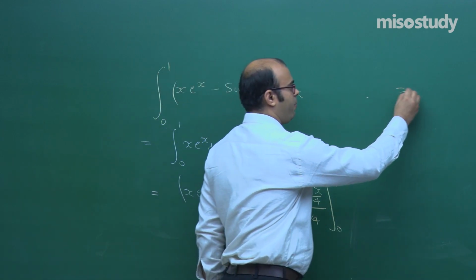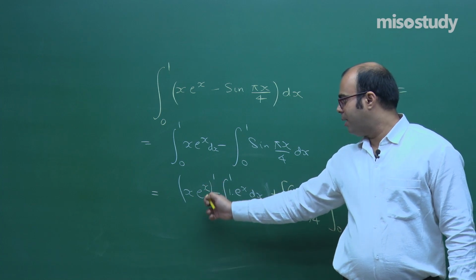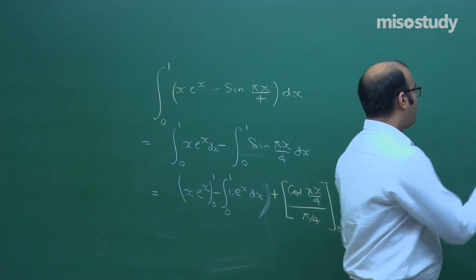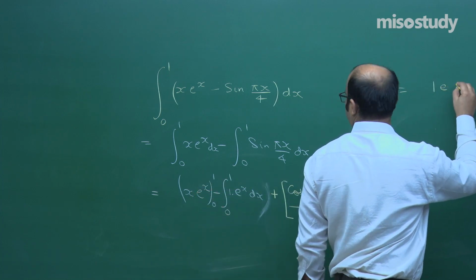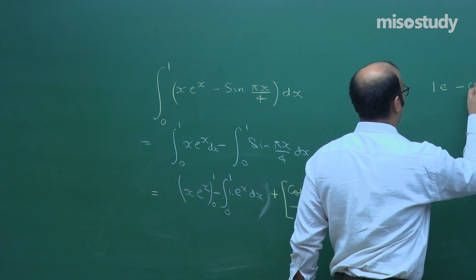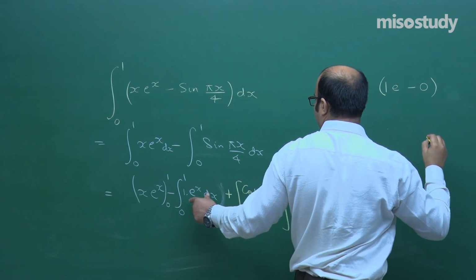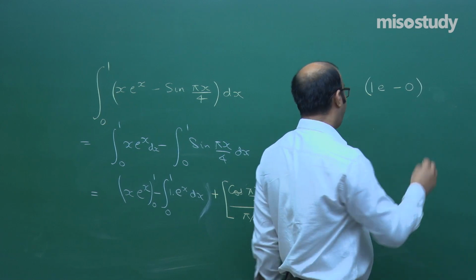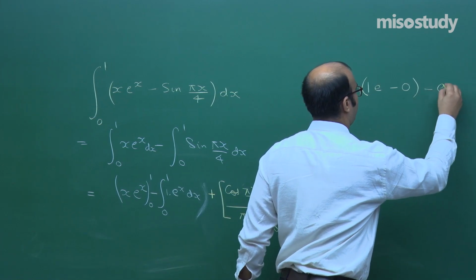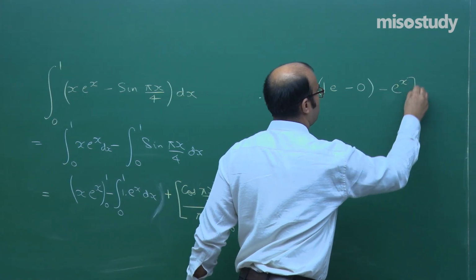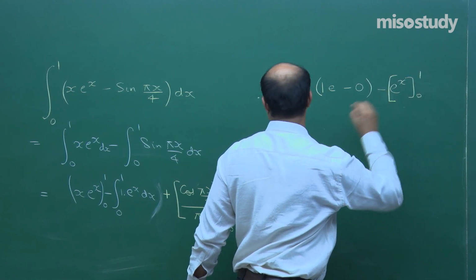In the next step we will put the limits 0 and 1 here, we will get 1 into e minus 0, and e to the power x will be integrated to e to the power x. So you write e to the power x from 0 to 1.